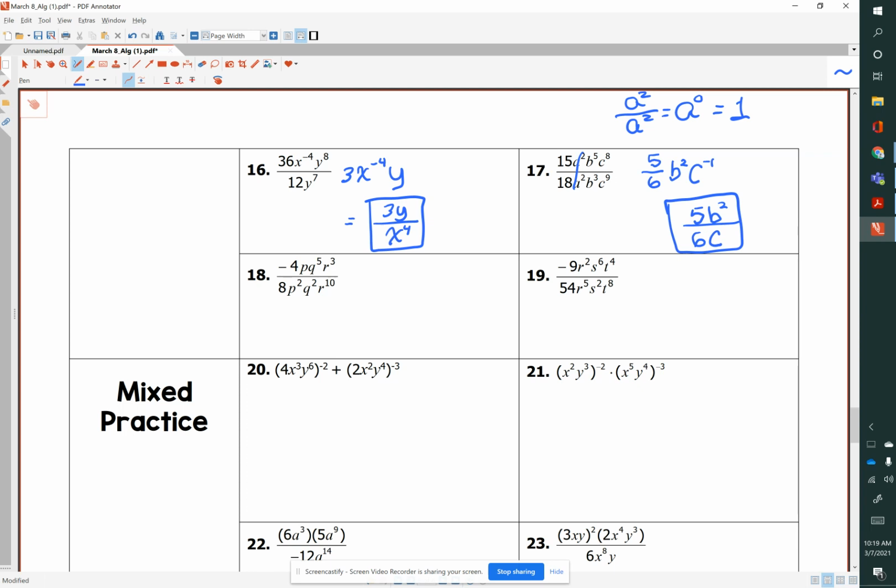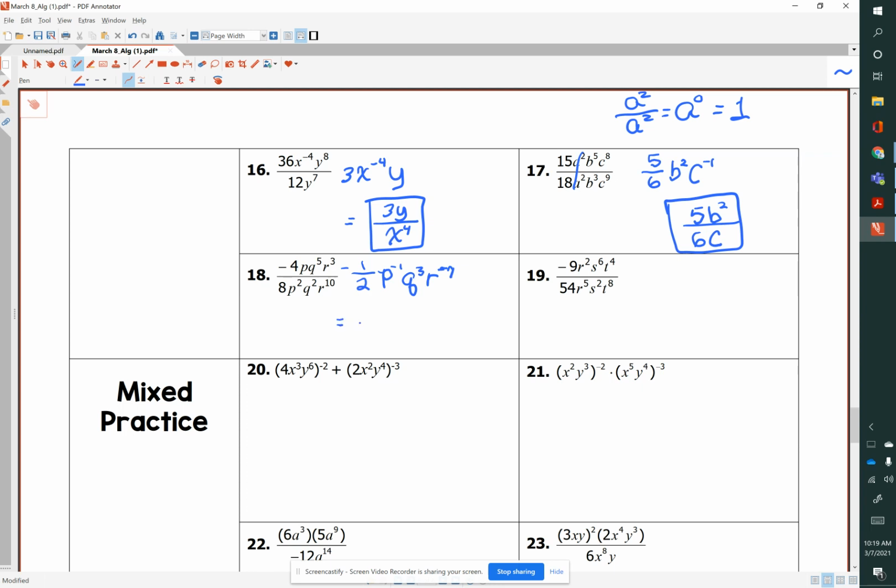And then because the 1 is positive, it can become an invisible 1. Number 18, we have negative 4 divided by 8, which is negative 1/2. P, 1 minus 2 is p to the negative 1st power. Q, 5 minus 2 is q to the 3rd power. And r, 3 minus 10 is r to the negative 7th power. So let's rewrite that with positive exponents.